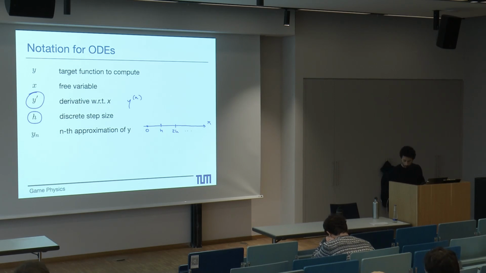Then we can start from a general point, and so we have x plus h in general, which will indicate the next step at which we want to evaluate the solution. In particular, y_n is going to approximate what happens for y at x plus nh.